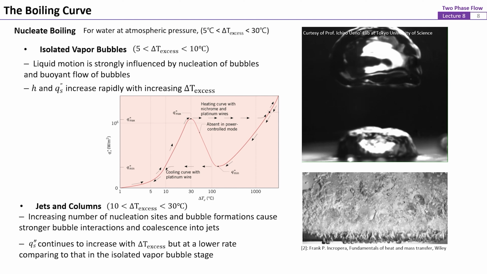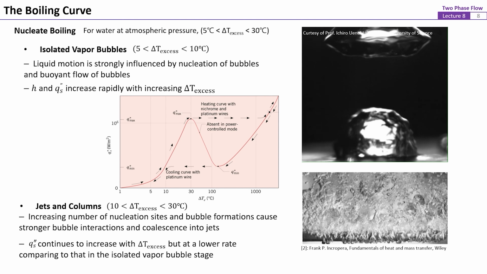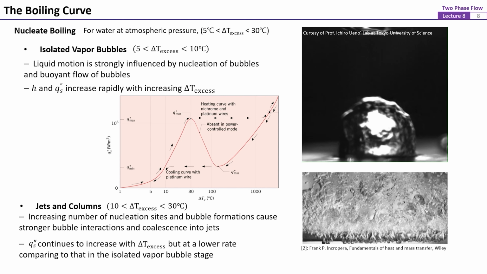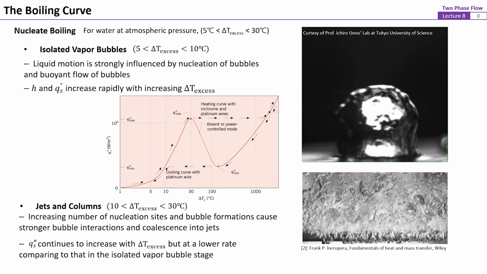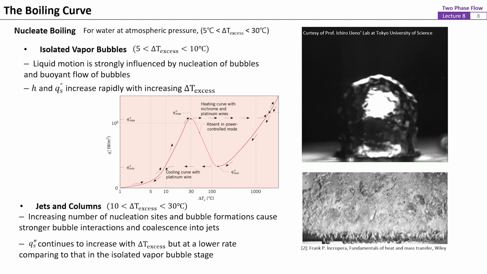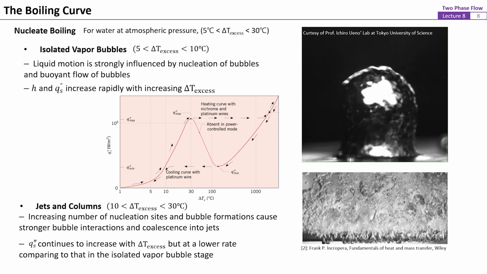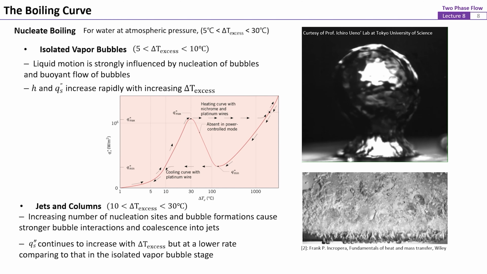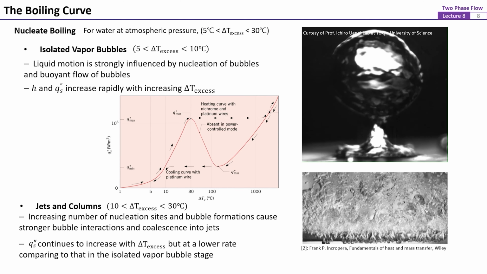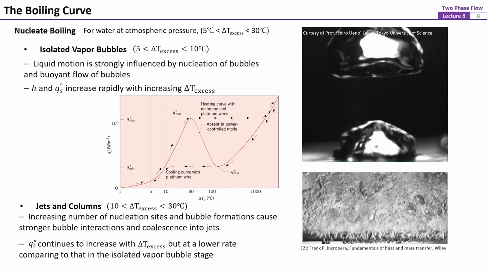Then, the rate and number of bubble formations gradually become large enough that continuous vapor columns and jets are formed on top of the heated surface at active nucleation sites. The strong movement of the vapor column in the direction opposite to gravity induces rapid convective heat transfer.